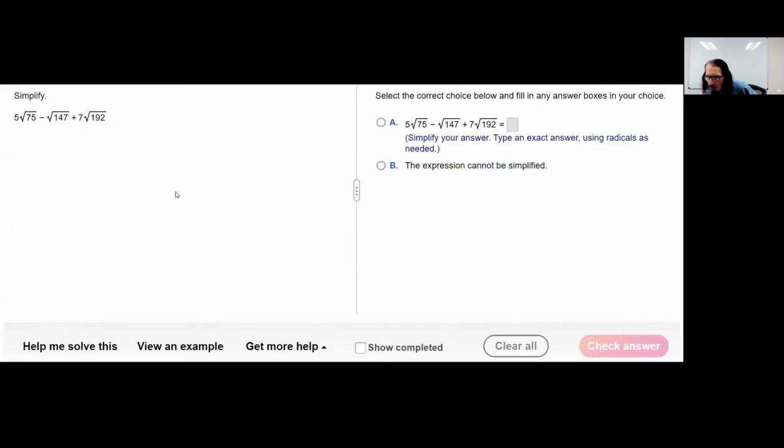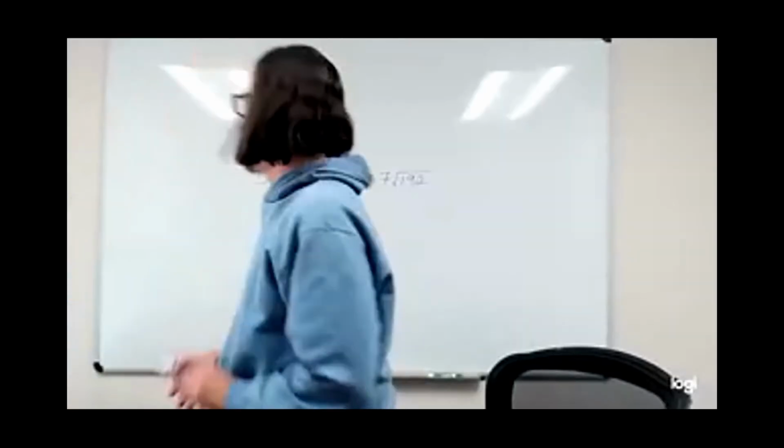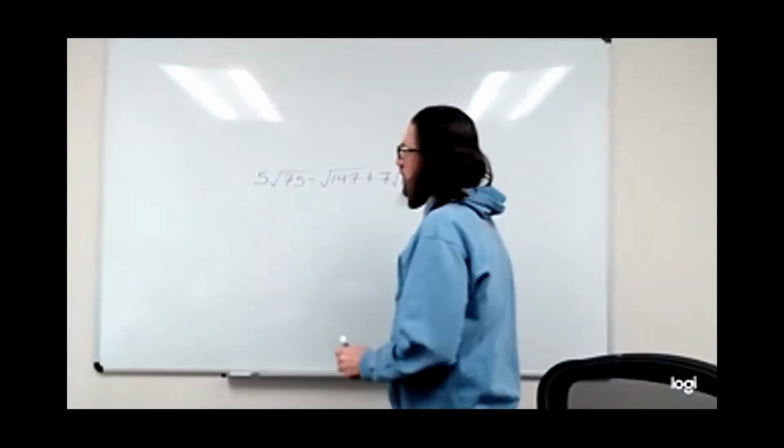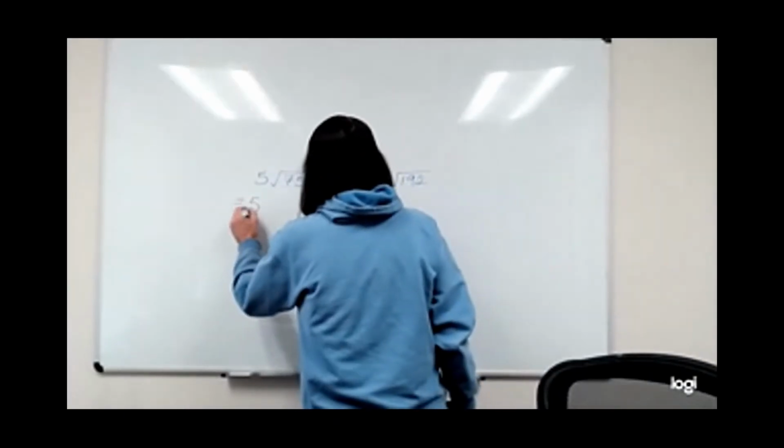All right, what about this one? 5 times the square root of 75 minus the square root of 147 plus 7 times the square root of 192. We can see that the 75 is 25 times 3, where 25 is the largest perfect square to go into 75.